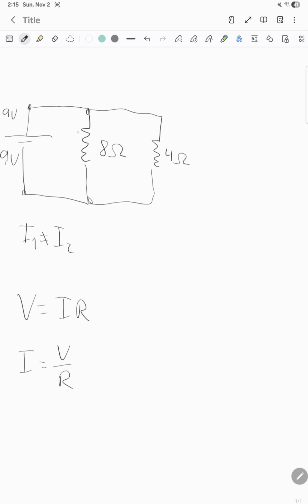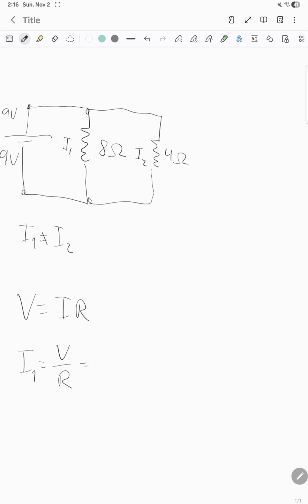And so let's calculate the current here. We'll take the voltage here divided by the resistance here, and then we'll take the voltage here, V, divided by the resistance here. So this will be for I1, and this will be for I2.